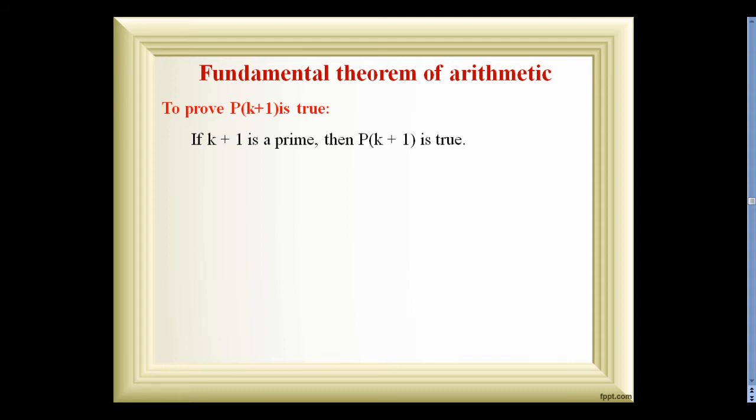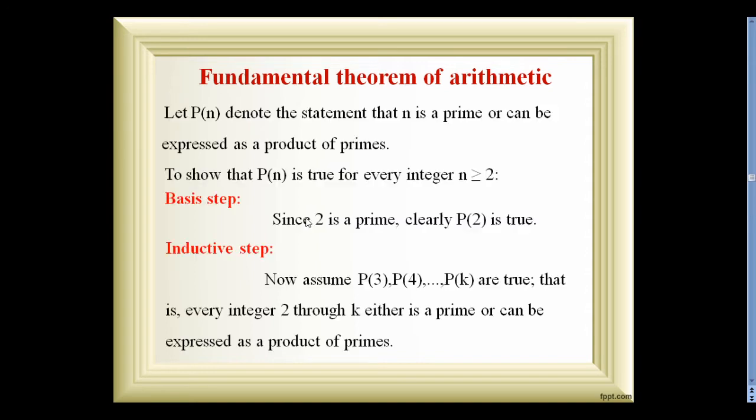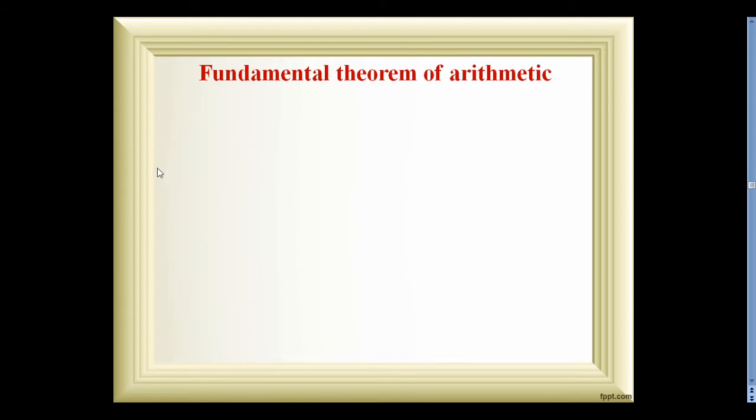In the basic step, 2 is a prime, so P of 2 is true. Then in the inductive step, the values 3, 4 up to k are true because all these numbers can be expressed as a product of primes. Next we go for the strong induction step, that is, we want to prove P of k plus 1 is true.